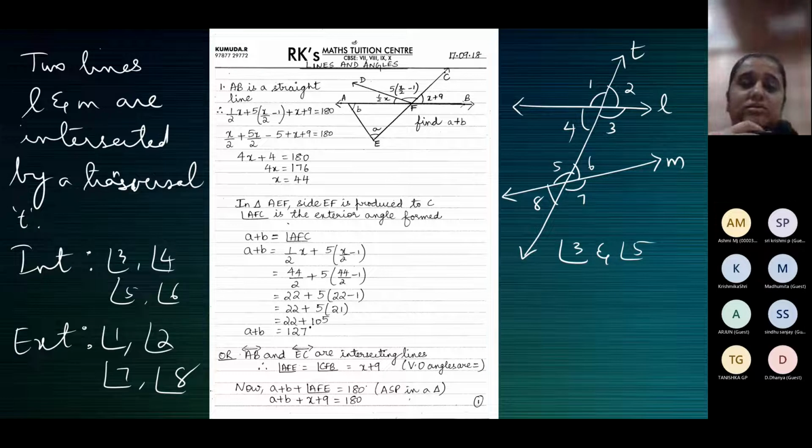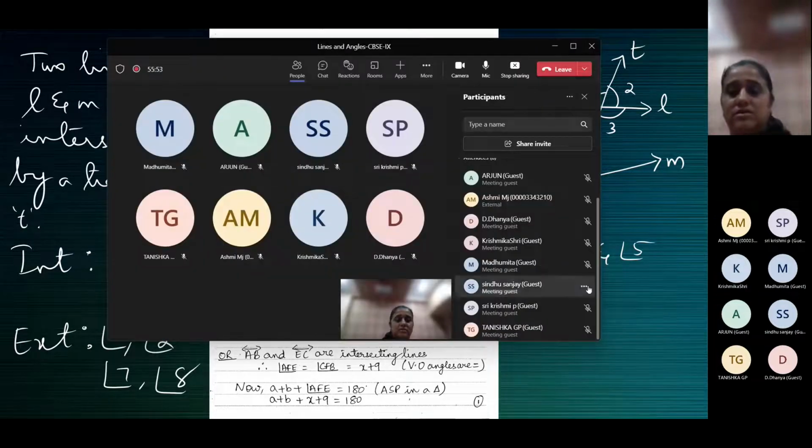Then what's the difference? No, there should be some difference, right? Okay. There's Arjun, Srijana, Danya, Krishmika, Madhumita, Sanjay, Sindhu, Krishmi, and Tanishka.